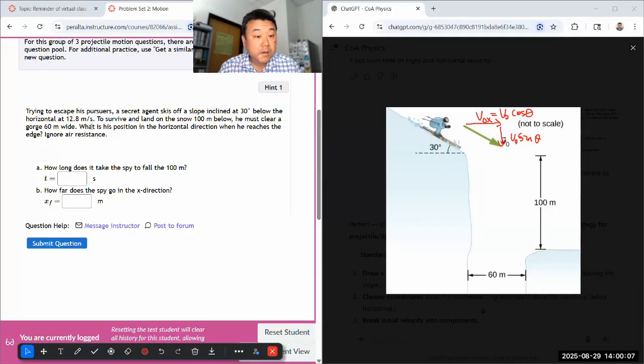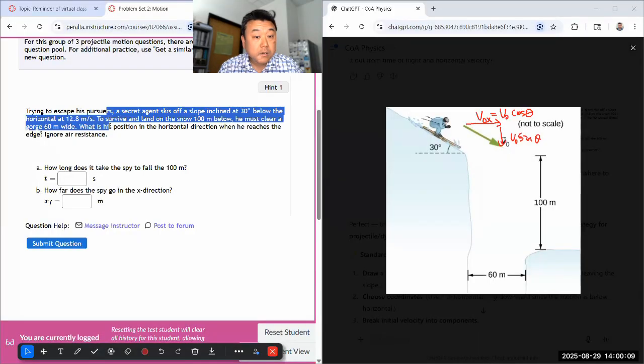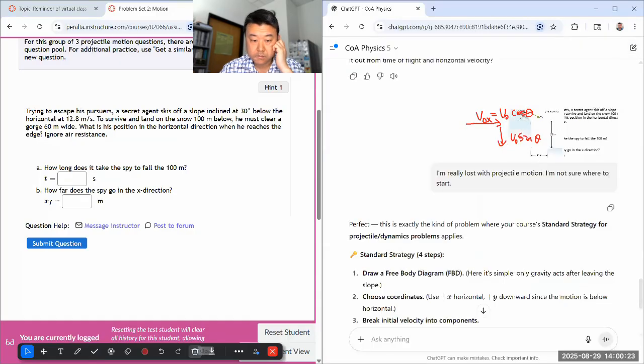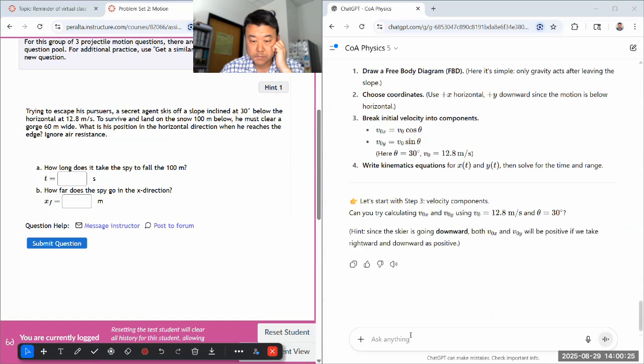And am I given the velocity? Oh, yeah, I'm given the velocity. Okay. I got the velocity components.